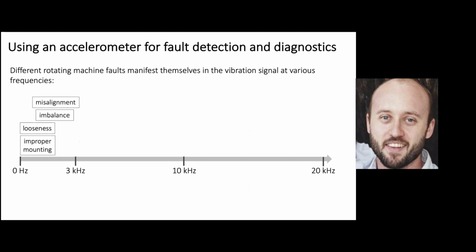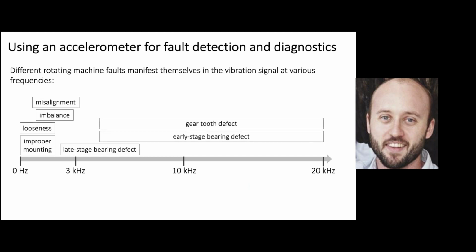And then as we move up to kind of the middle range, we might have things like misalignment or imbalance. Move even higher, we might be catching a bearing going bad, but maybe very late in its life, right before it fails. If we go to even higher frequency content, now we can pick up those bearing defects probably much earlier, and then other things like gear tooth defects as well.